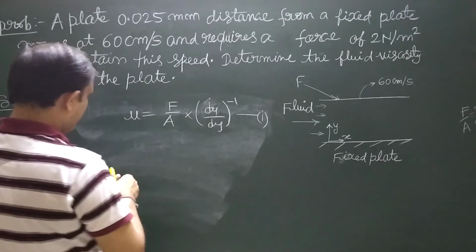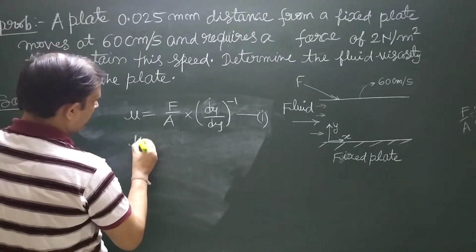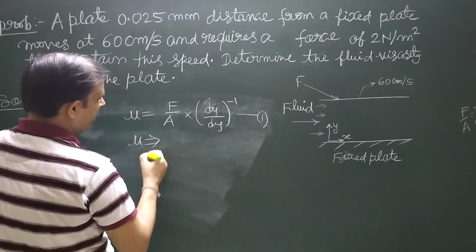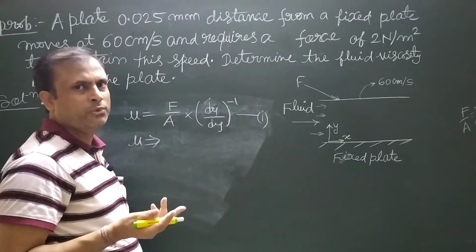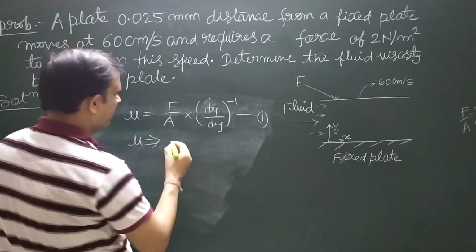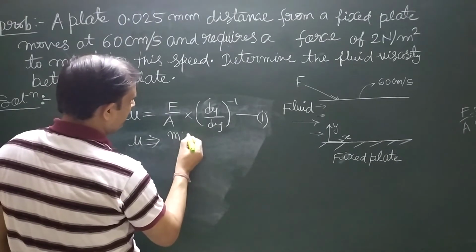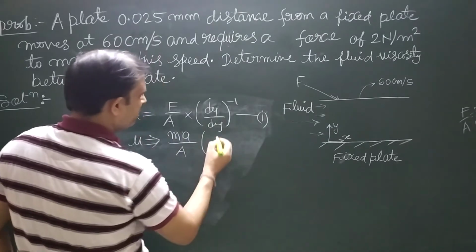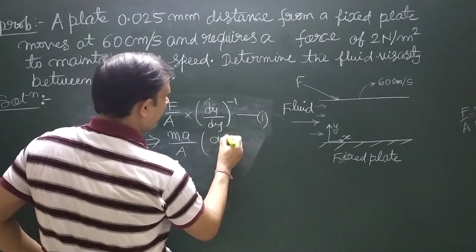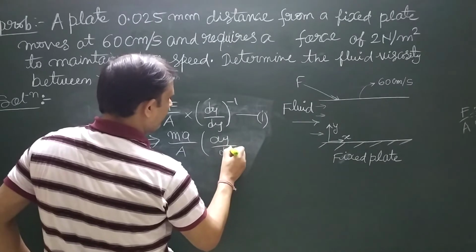Another unit of viscosity we can also derive from this equation. Mu equals F by A, and force equals mass into acceleration, so mu equals mass into acceleration by area, into dy by du.